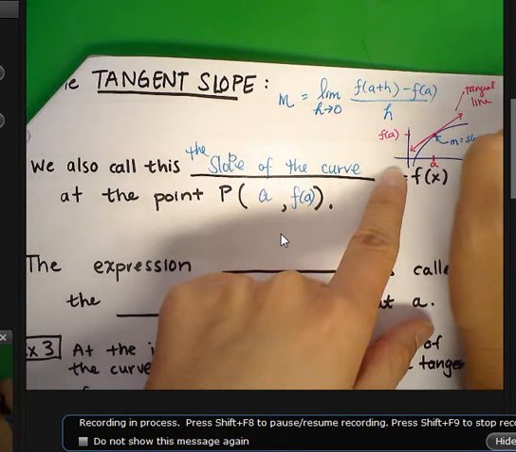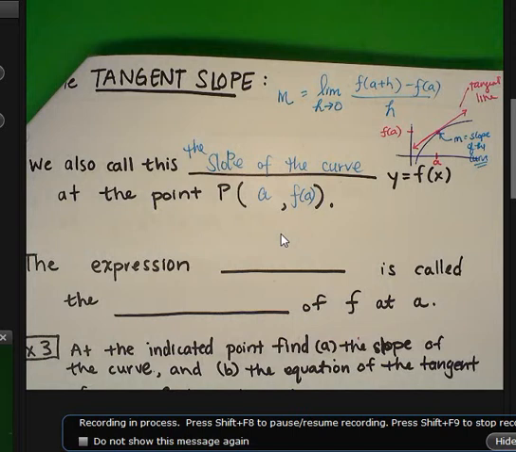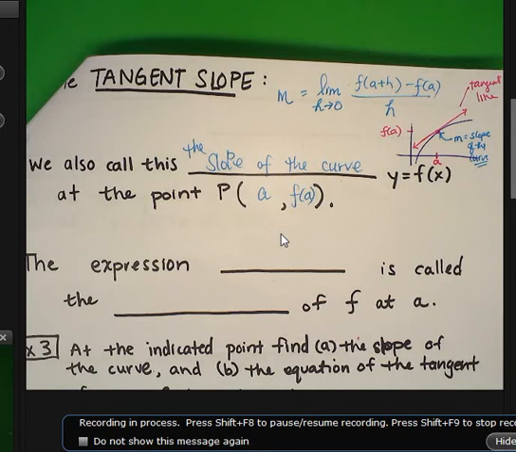We could call it the slope of the tangent, or we could call it the slope of the curve. Is anybody kind of confused right now? Which is totally fine because it's a new idea. Is this okay? The slope of the line is the slope of the curve.